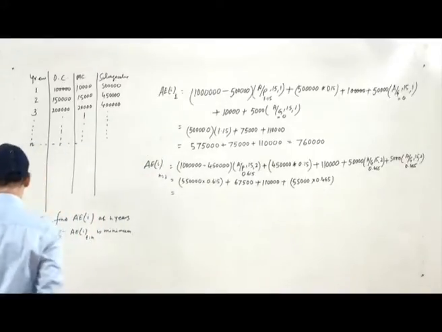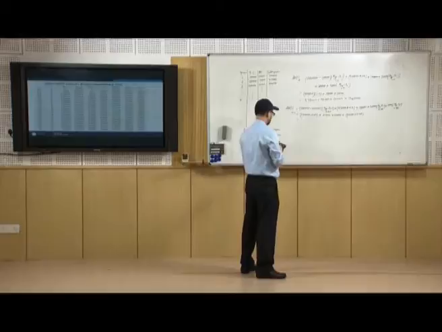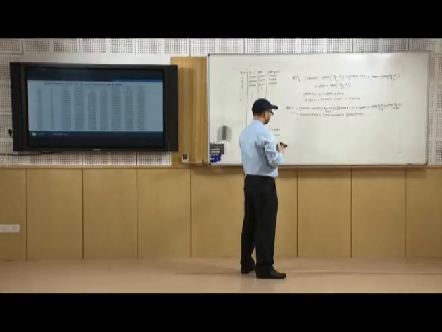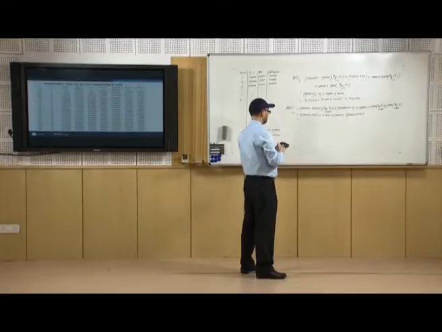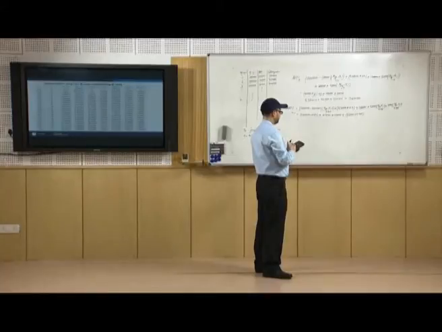Now, we will get this value: 0.615 multiplied by 5,50,000 plus 67,500 plus 1,10,000 plus 55,000 multiplied by 0.465.